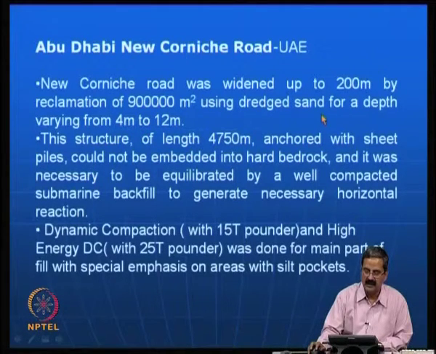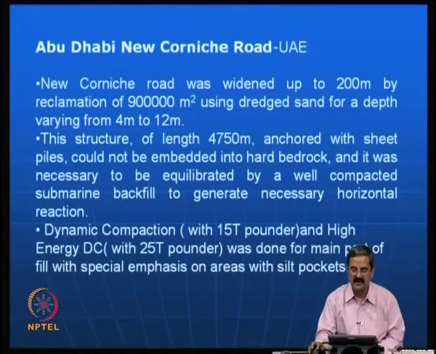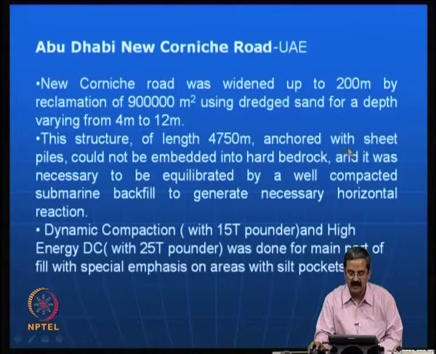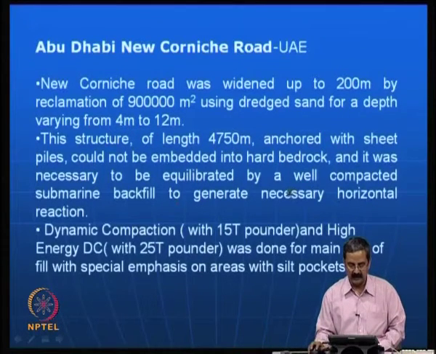They got the sand from some places and filled it up to 4 to 12 meters, and the length of the structure is about 4.75 kilometers. It should have been anchored with sheet pile walls, but it could not be embedded into hard rock, and it was necessary to be equilibrated by well compacted submarine backfill to generate the necessary horizontal reaction.